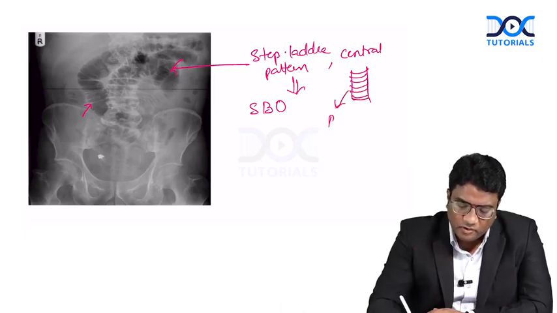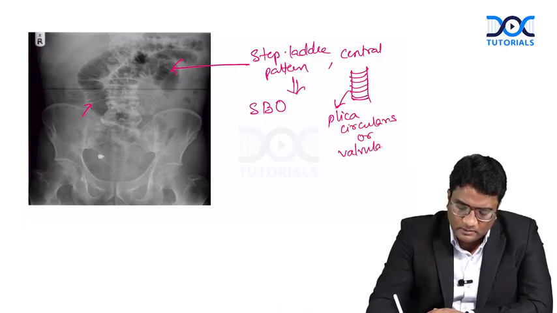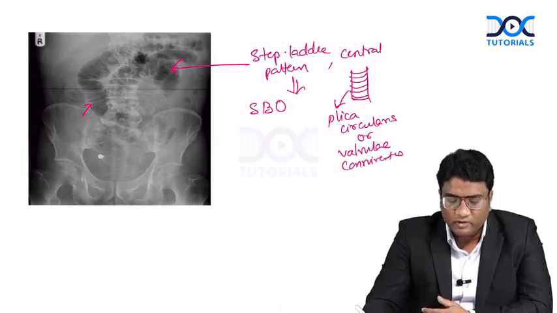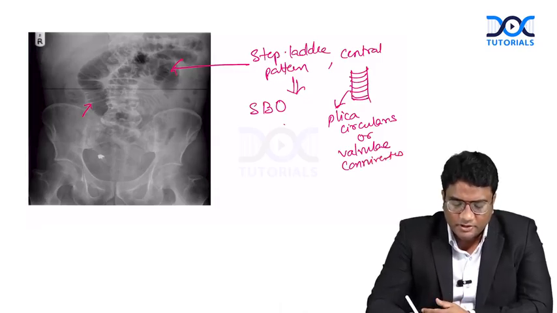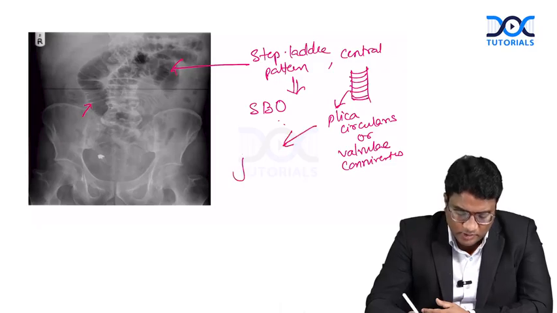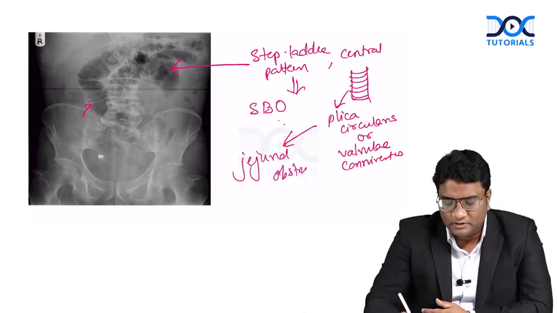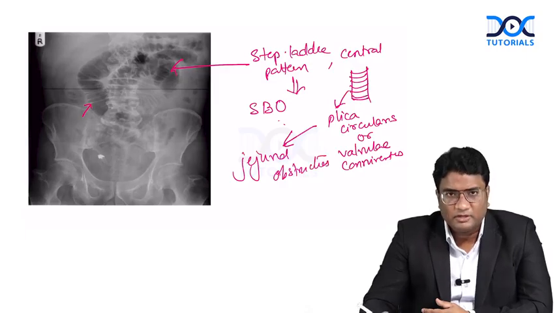These are called plica circularis or valvulae conniventes. Plica circularis in small bowel obstruction indicates these are jejunal loops, so jejunal obstruction. So when you have jejunal obstruction, you will see jejunal loops with plica circularis. These are central in location.